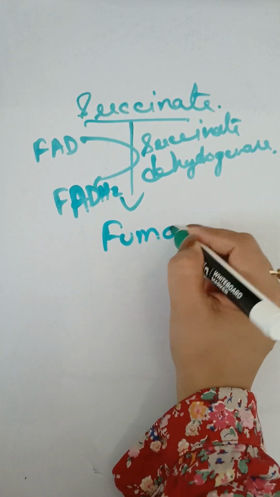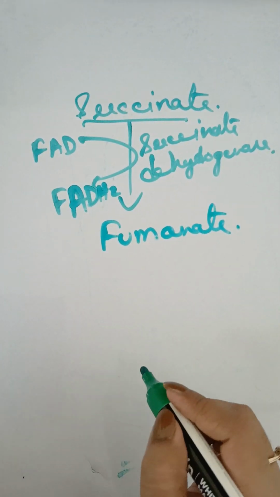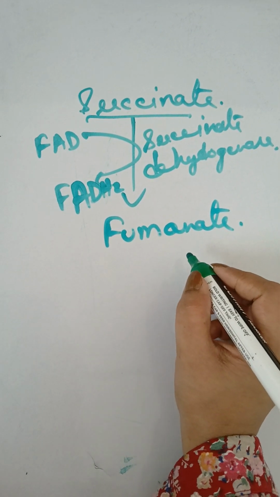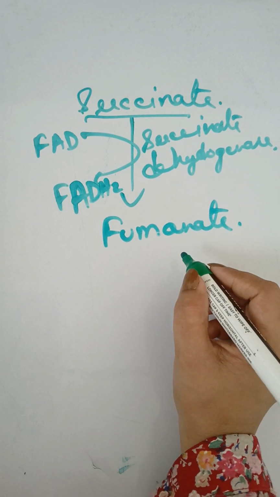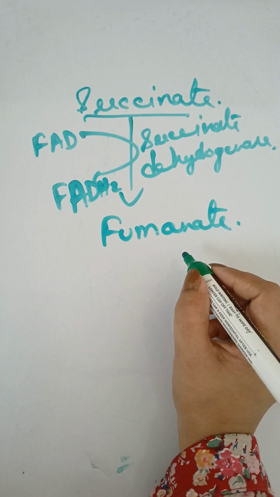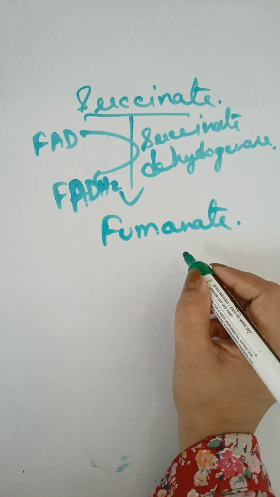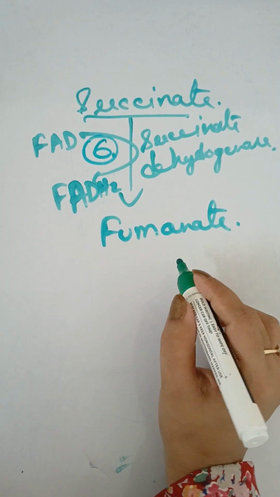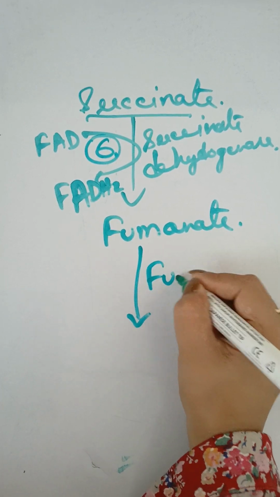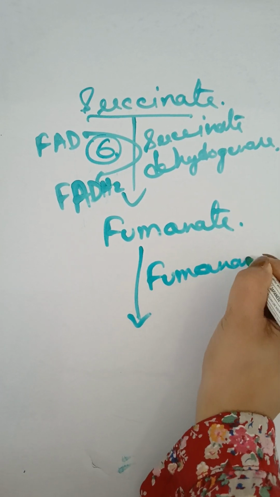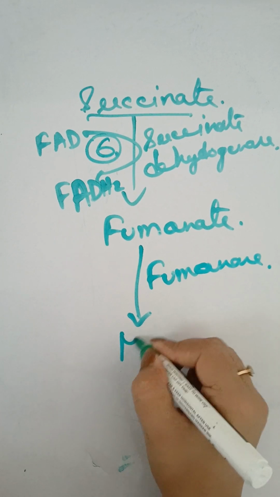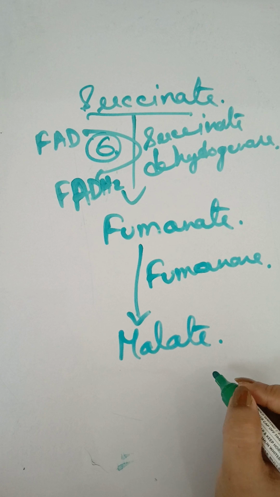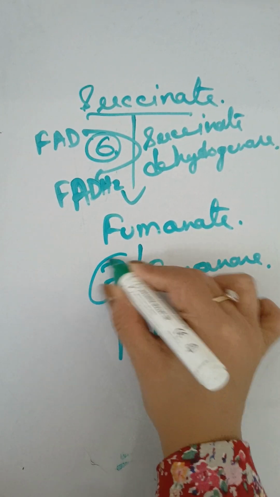Fumarate, or fumaric acid, and simultaneously FAD will be reduced to FADH2. This is reaction 6. Now from reaction 6, with the help of fumarase, malate, or malic acid, will be produced. And finally, this is the 7th reaction.